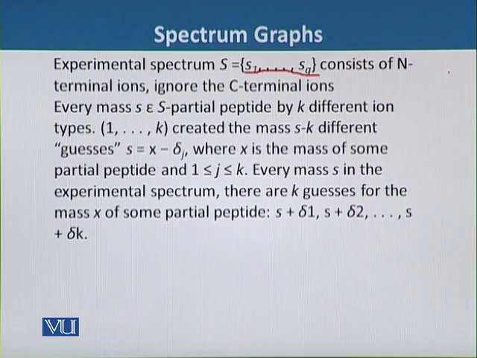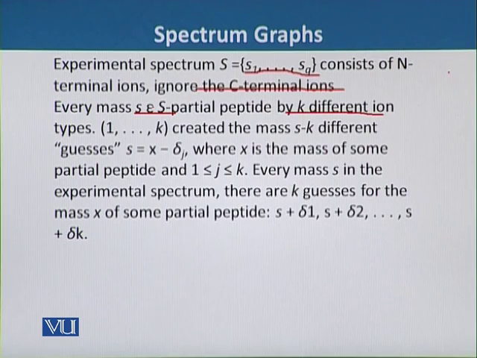We know there are different types of ions, such as water and ammonia losses, and we will ignore the C-terminal ions for a while. Every mass S in the spectrum may have been created from a partial peptide by one of the K different ions.